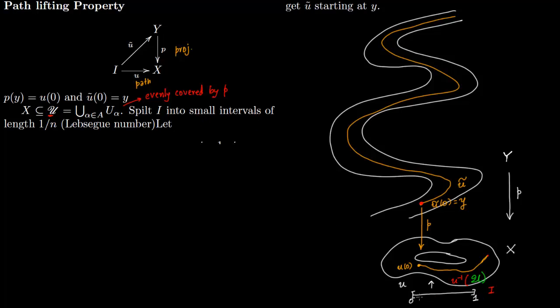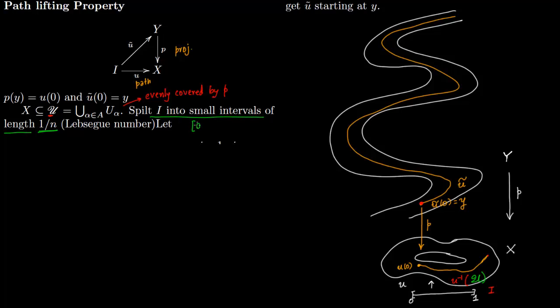Now since I is closed and bounded, it is compact, therefore it will have a finite subcover, and we are going to choose a Lebesgue number for this subcover. Say the Lebesgue number you get is 1 by n. Yeah, n could be really large. Once you get this Lebesgue number, you split I into small intervals of length 1 by n.